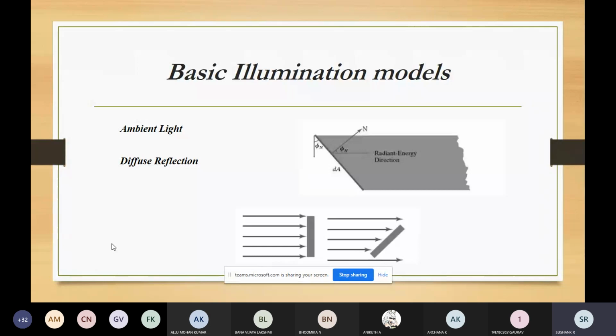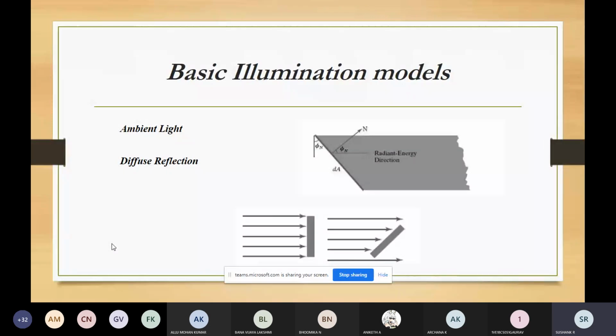But one difference is the amount of incident light which is reflected depends on the surface optical properties, which determine how much of the incident energy is reflected and how much is refracted. So this is regarding the ambient light.